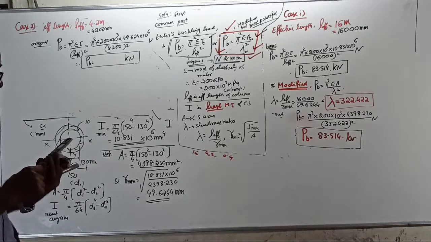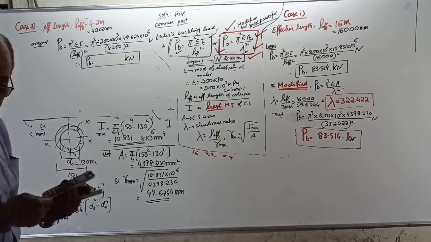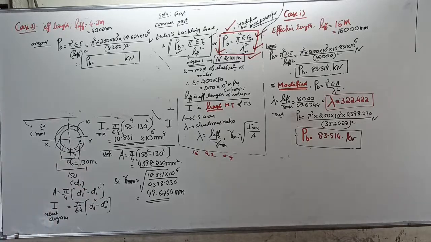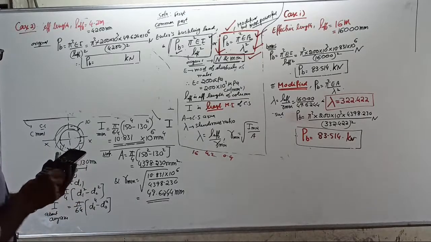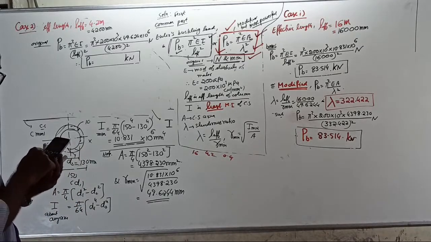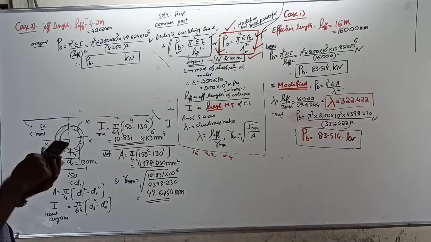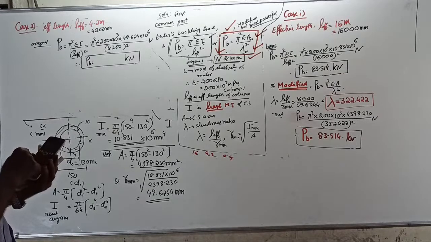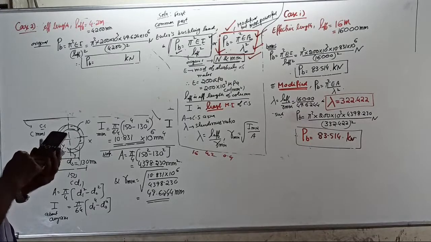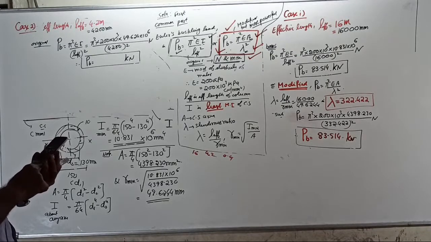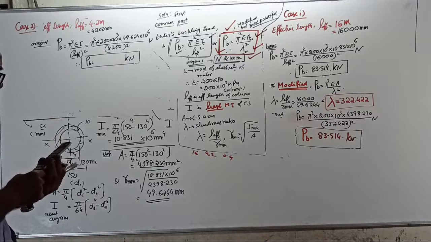5552.94? How? Pi square into 200 into 10 to the power 3 into I, which is 49.624 into 10 to the power 6, equal to store A. Then shift store A divided by 4200 square. I am getting 5552.94.